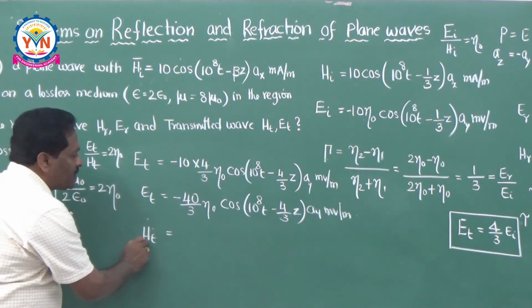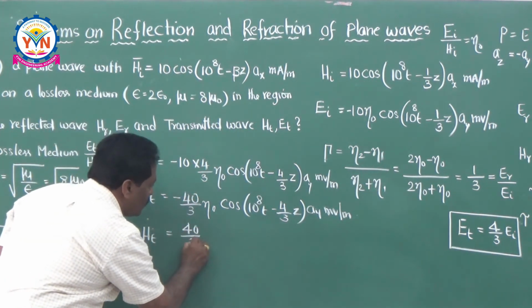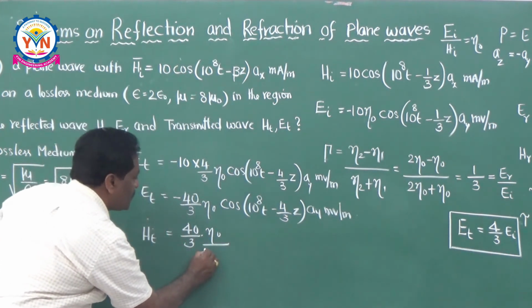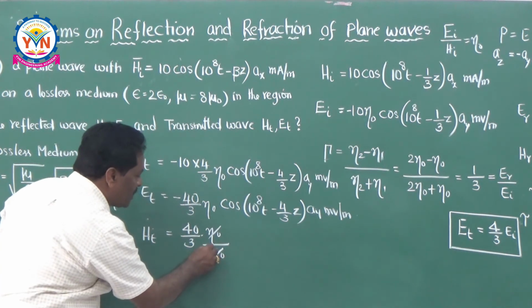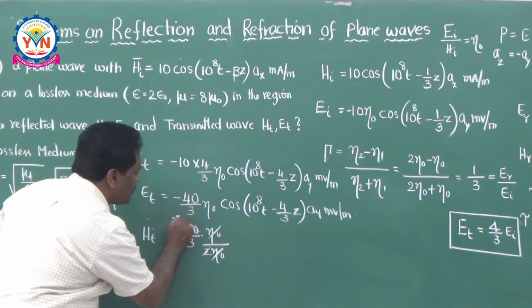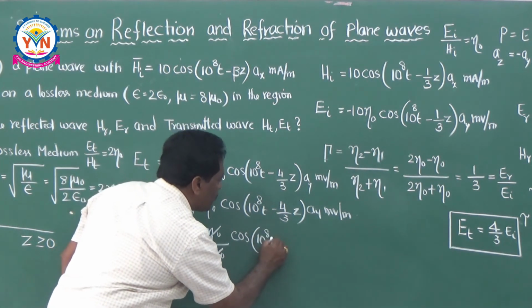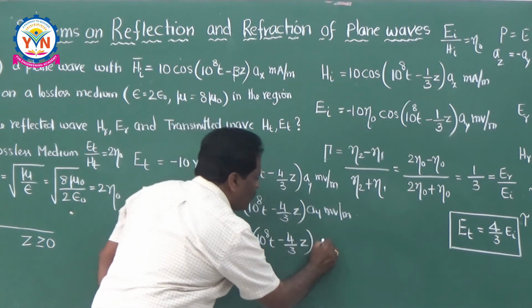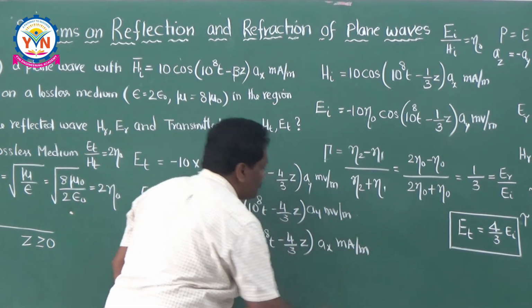So HT is equal to 40/3 into eta naught divided by 2 eta naught, and eta naught will cancel, and this will be 20/3 times cos of 10 to the power of 8 t minus 4/3 into z into AX milliamperes per meter.